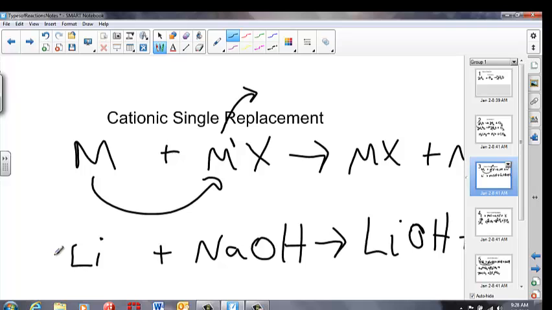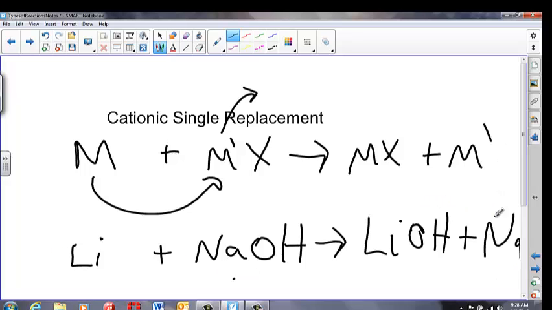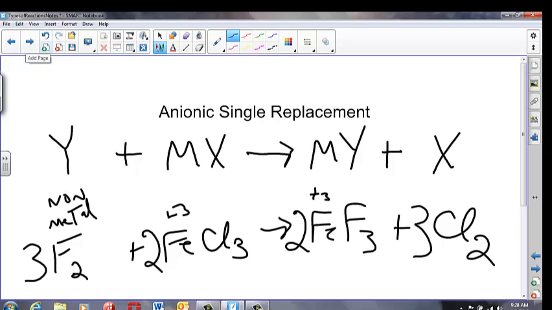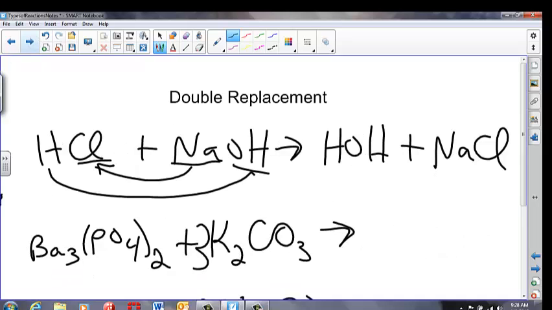A metal and a compound becomes a metal and a compound. Anionic single replacement. Non-metal plus a compound becomes a non-metal plus a compound. Double replacement. 2 compounds become 2 compounds.